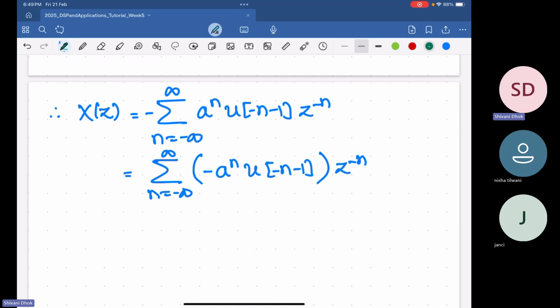Now let us compare it with the definition of Z transform.